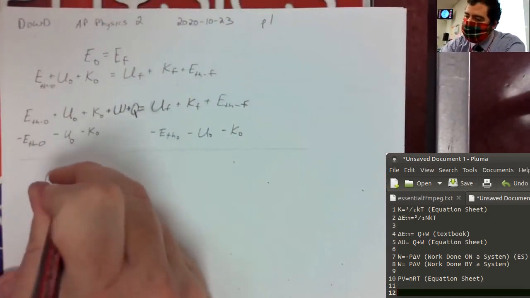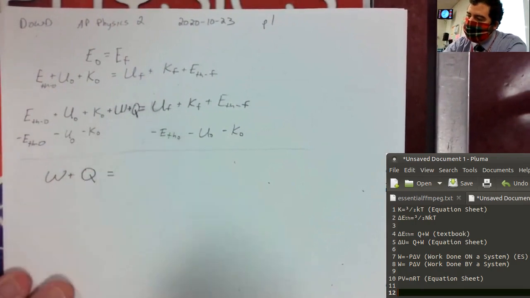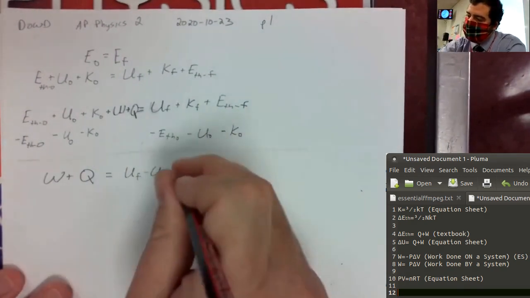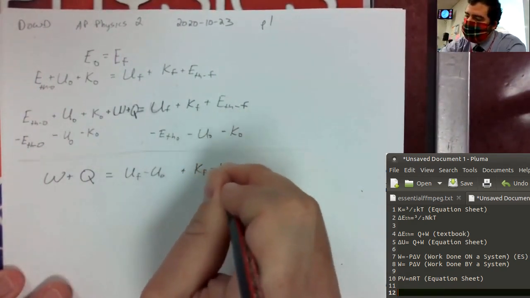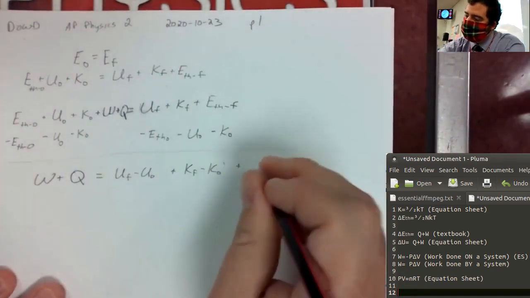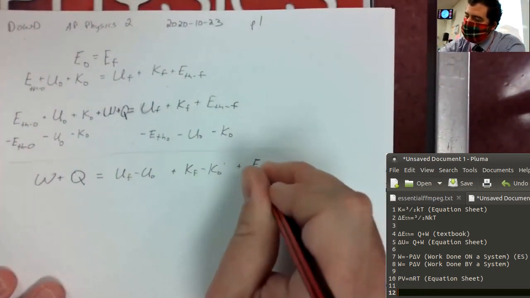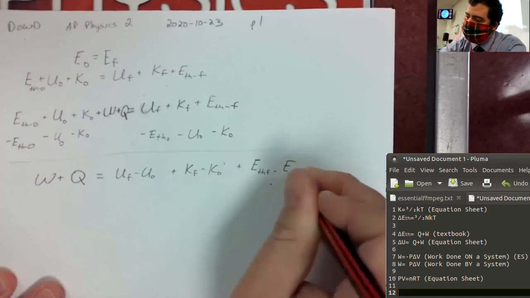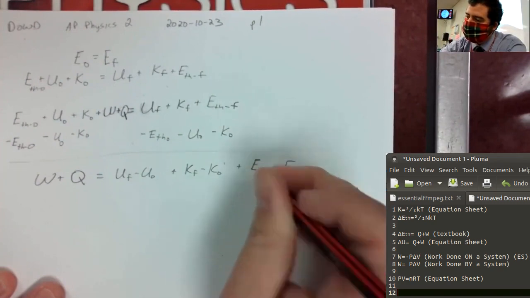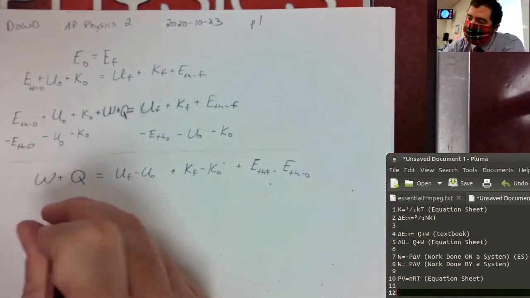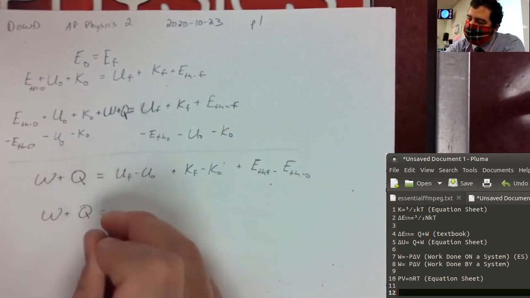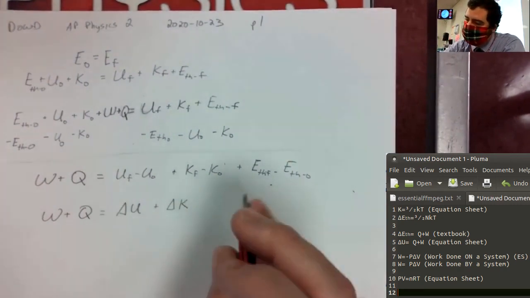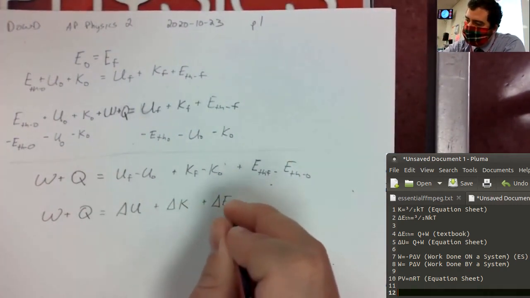I've got work and heat, and that equals U_F minus U_O plus K_F minus K_O plus energy thermal final minus energy thermal original. So we have work plus heat is delta U plus delta K plus delta E thermal.